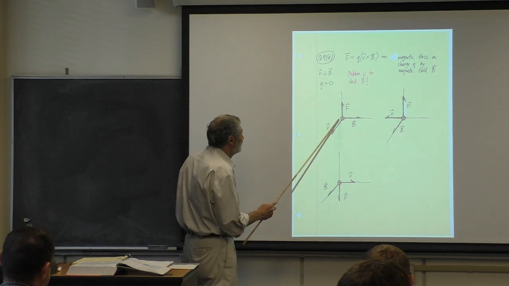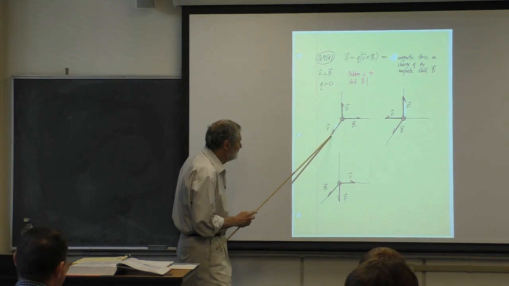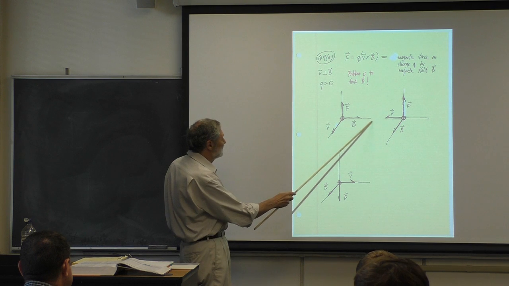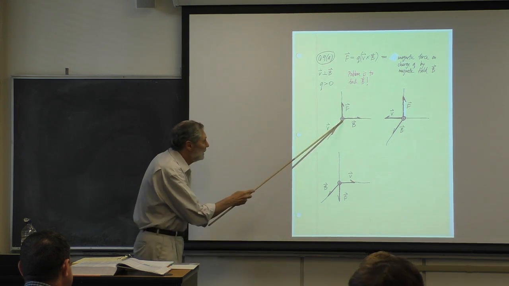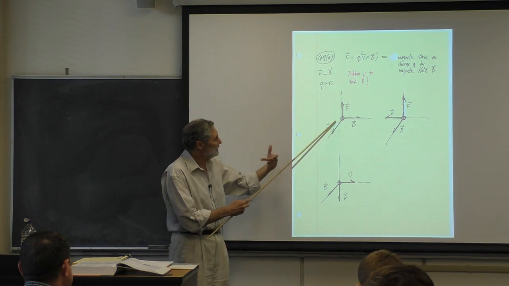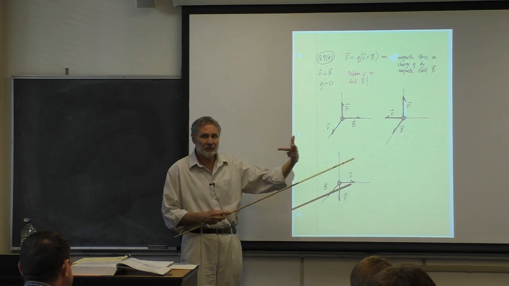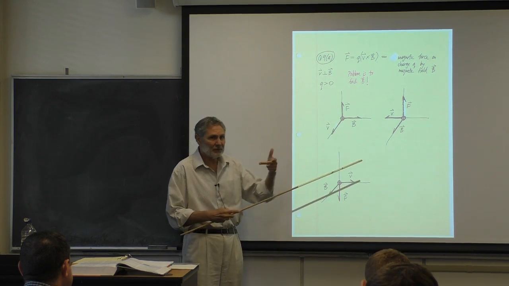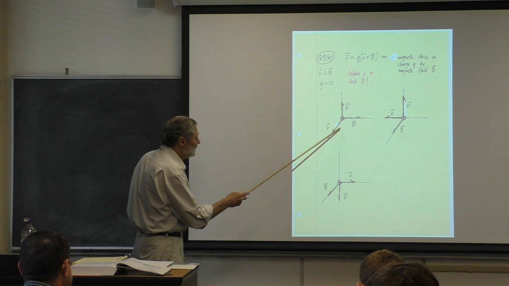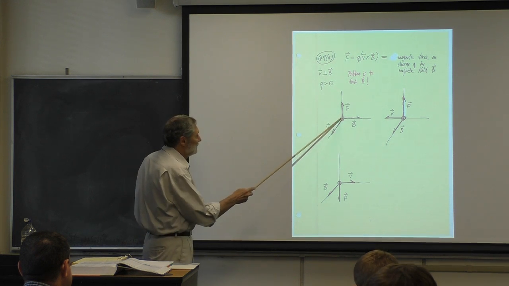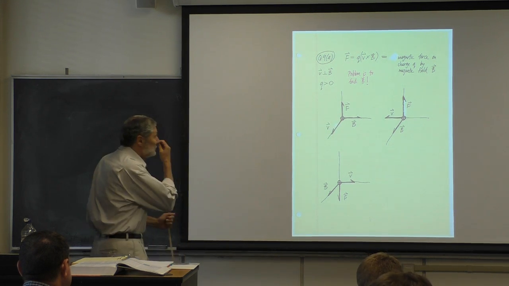So in the first case, we have a velocity this way. Typically that's x, y, and z, but it doesn't really matter. These are orthogonal directions here, right? This is a perspective drawing. So we're given the velocity here, the force is here, and the question is where's the magnetic field?